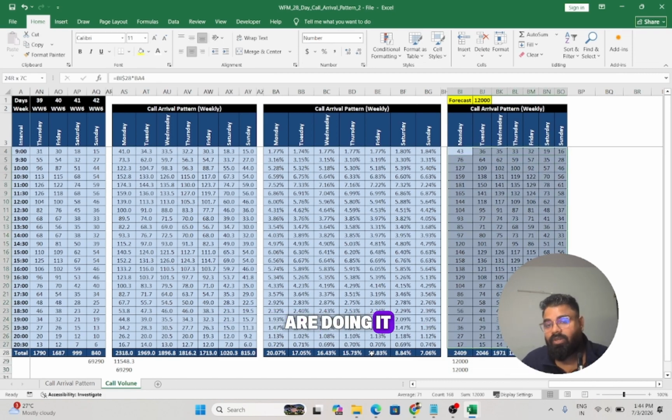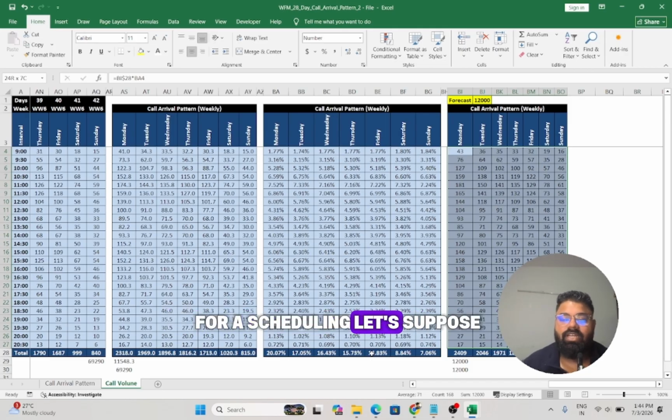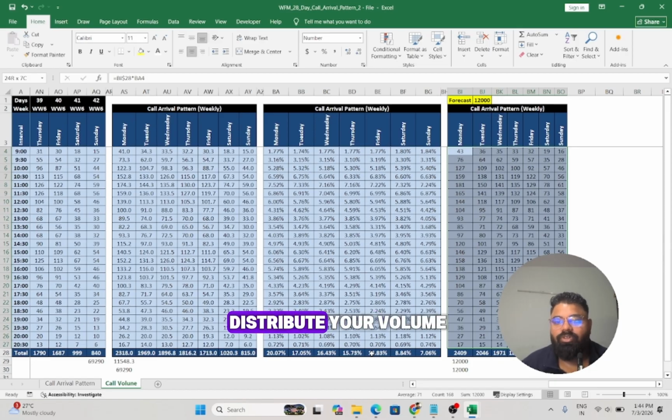Why we are doing it: this calculation is basically required for scheduling. Let's suppose client has provided the volume that next week you are going to receive, 12,000 calls. Being a scheduler, you have to distribute your volume based on the historical data and trend, and the weekly pattern.